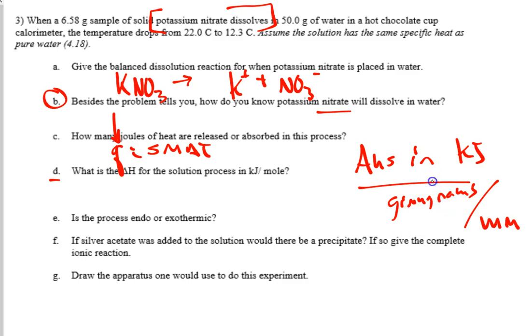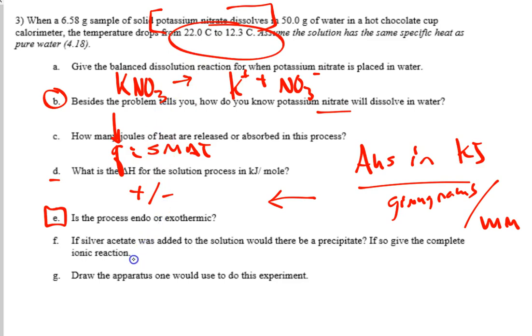We did one of these already this very day, right? That will tell you the answer. What will tell you if it's endo or exo? The positive or negative sign, or looking right here. That will tell you also.